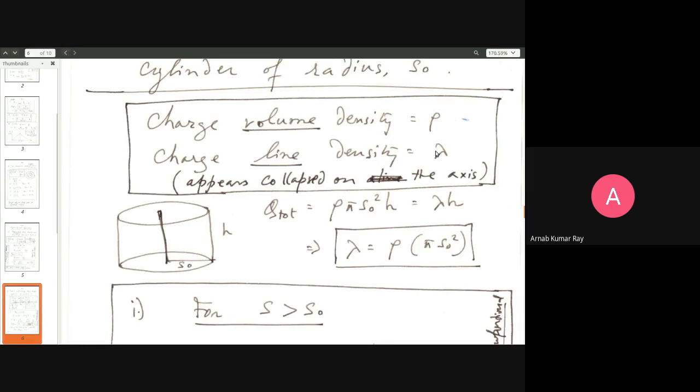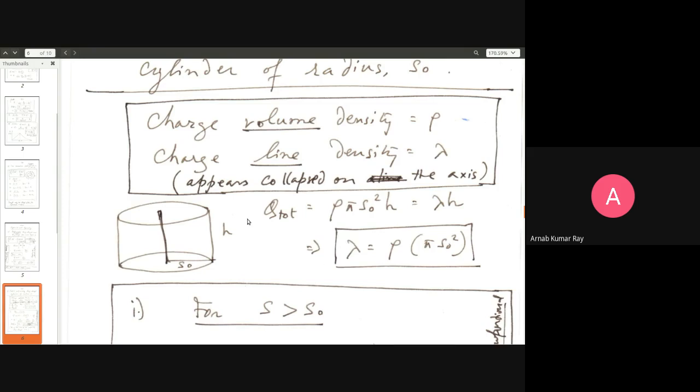Now the same idea applies to cylindrical symmetry, except that there is a slight geometrical difference. If you stand outside a cylinder that is full of charges, from your point of view, it would look like all the charges have collapsed along the central axis. Suppose you have this cylinder here, full of charges, and you are standing outside.